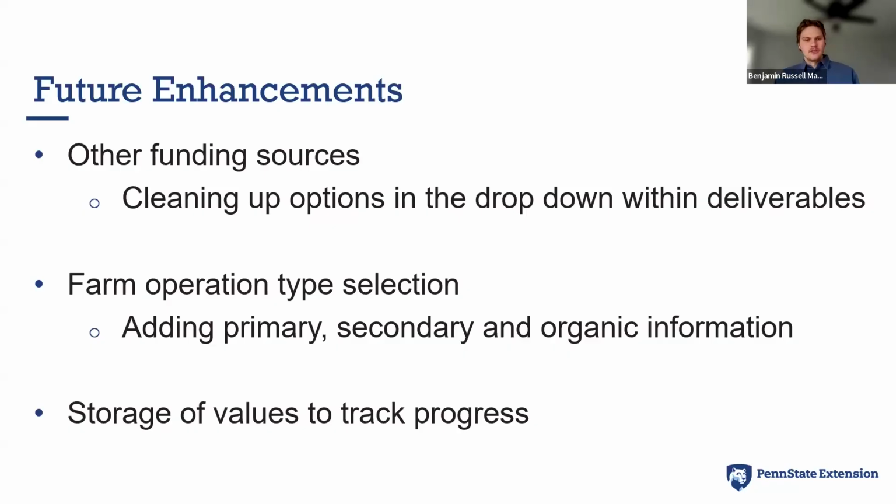Another function that we're excited to release soon is a farm operation type selection. So for each contract, you'll be able to add what the primary and any secondary operation types are. So you can select whether it's a livestock farm or a cash crop or whatever it may be.